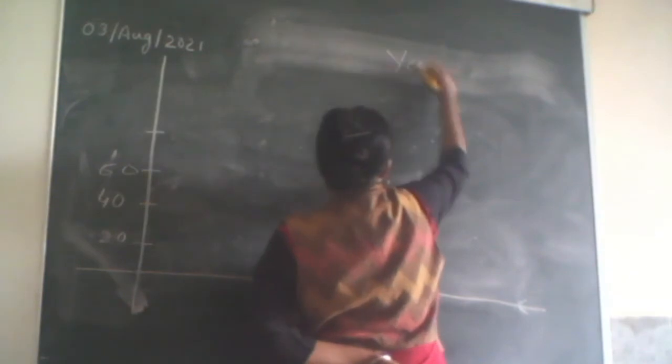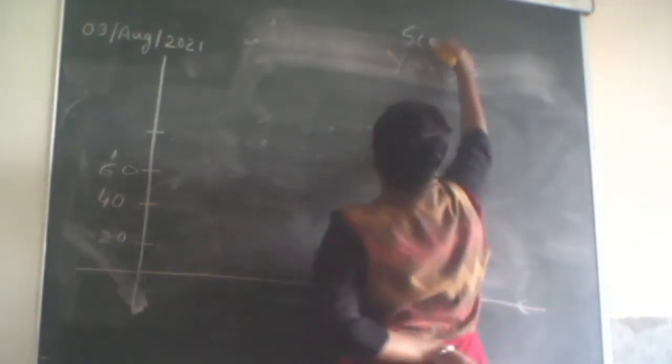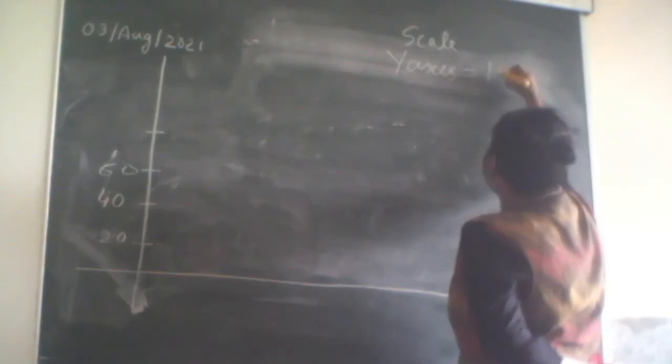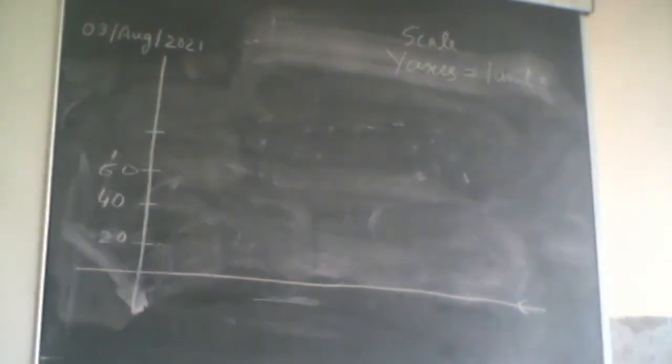That means x-axis, y-axis is equal to how much? Y-axis: one block, 1 unit is equal to how much?